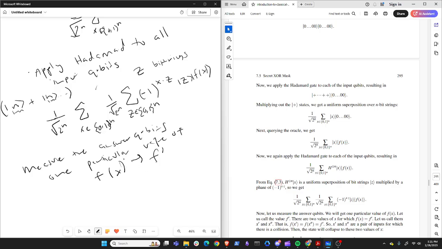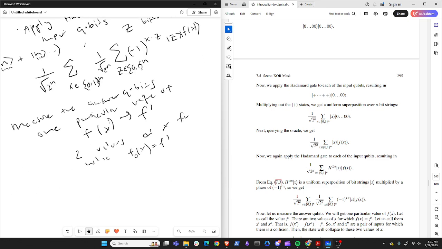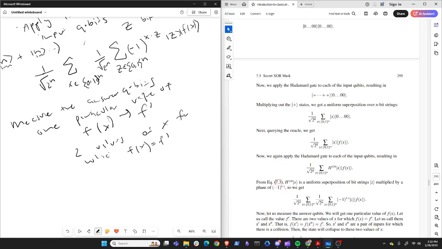So it says that there are 2 values of x for which f of x equals f prime. Furthermore, they notate those as x prime and x double prime.